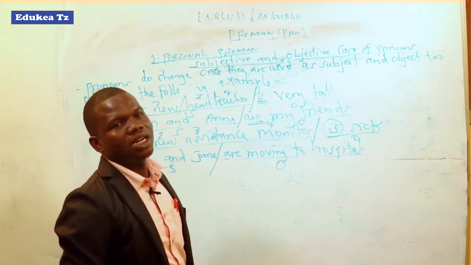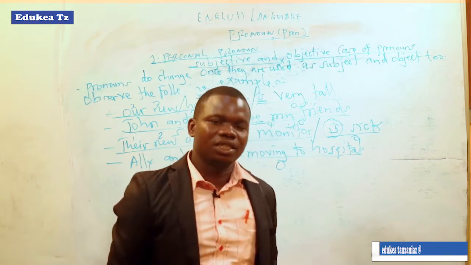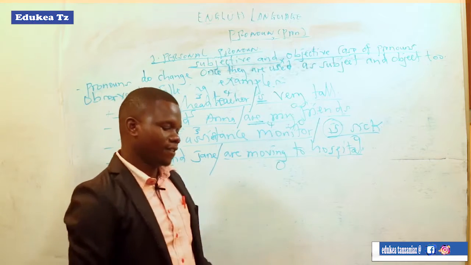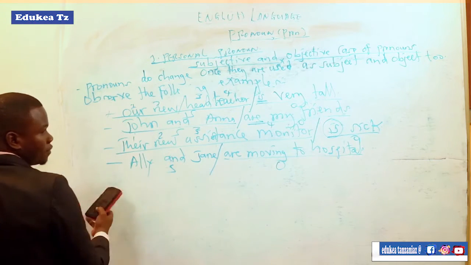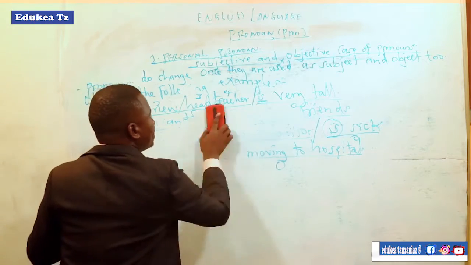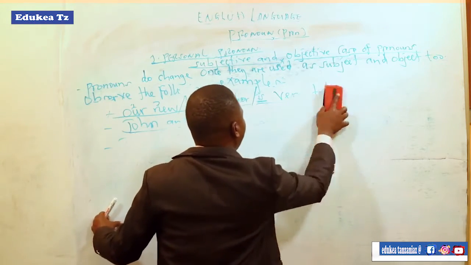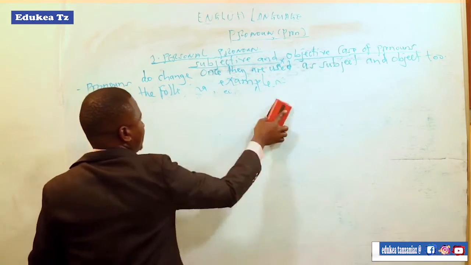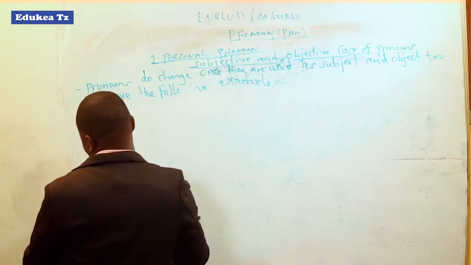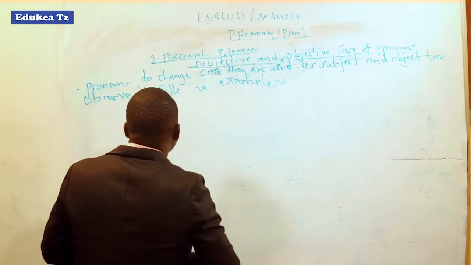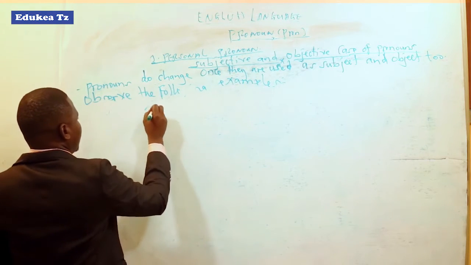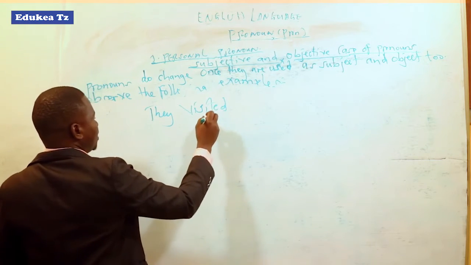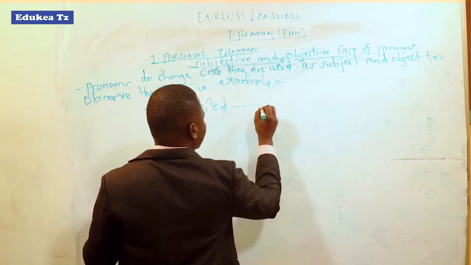So let us now check how those subjects change into objects as follows. We have a sentence like, they visited dash yesterday.